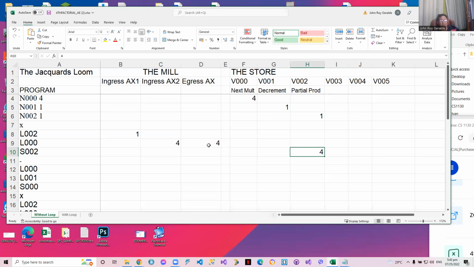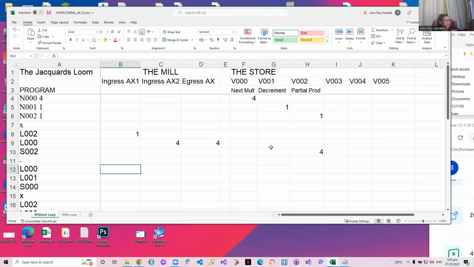Okay. Any questions? So ngayon, I will let you do the computation itself. When you say minus, the next operation is a minus. L000. What happens to ingress axis 1? Anyone? What value will be stored in ingress axis 1? Can you chat me, anyone? 1, sir.